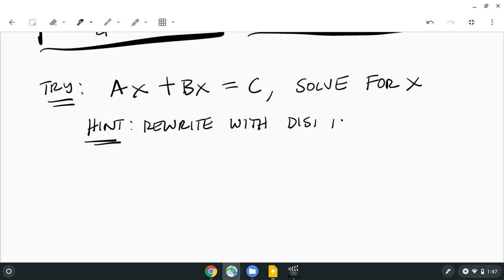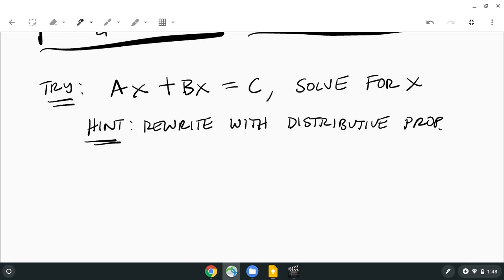See if you can rewrite the left-hand side backwards with the distributive property. Go ahead and hit the pause button, think about it, and then come back.